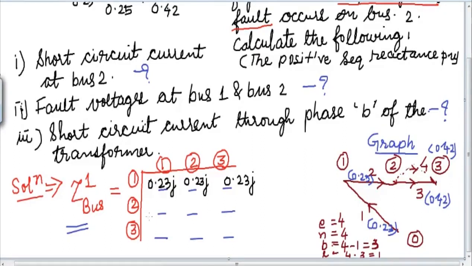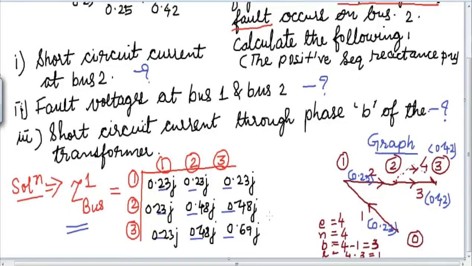Then second row is 0.23J, then 0.48J, then again 0.48J, then 0.23J, 0.48J, and last value is 0.69J. So this is the result when you will calculate the ZBus using the algorithm technique. You will get the ZBus in this way.